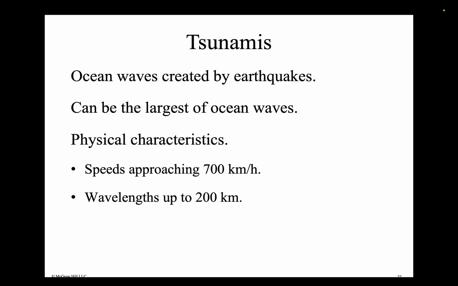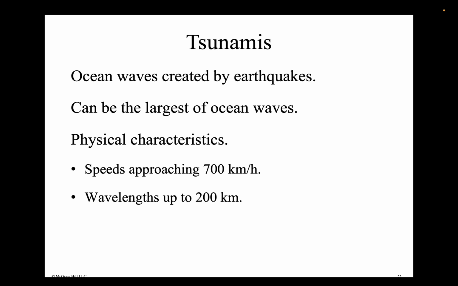Okay. The physical characteristics and features of these waves: they can reach up to 700 kilometers per hour in their speed, and they can have a wavelength up to 200 kilometers. So you can imagine how massive that is.